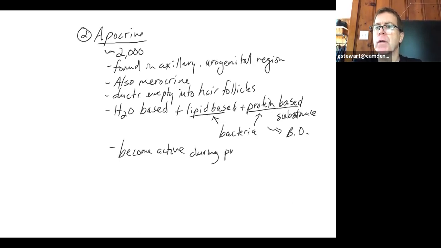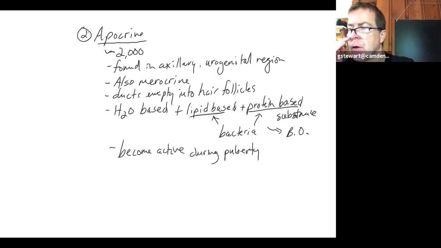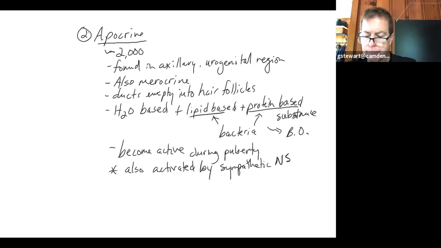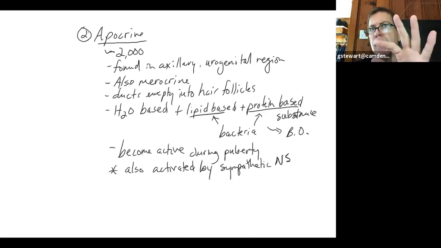So they're hormonally regulated. When we get the surge of our steroid hormones during puberty is when these glands actually become active. They are also controlled or regulated, I'm going to say activated, by the sympathetic nervous system. And so those are the two major types of sweat glands.